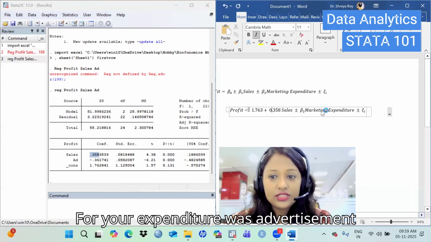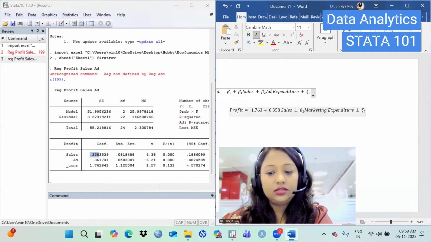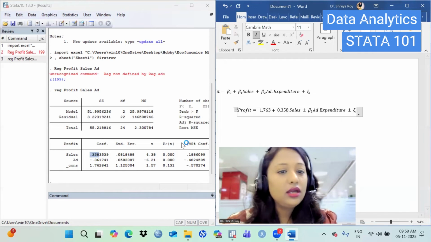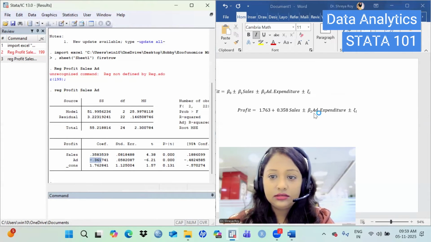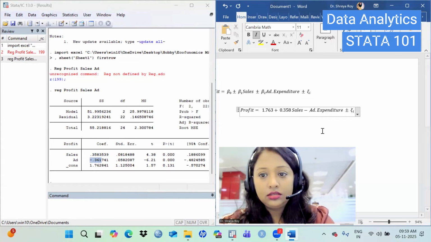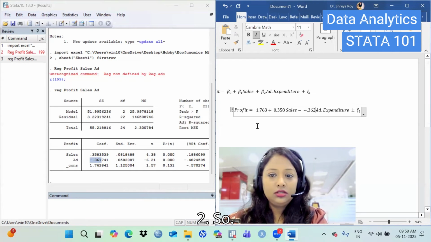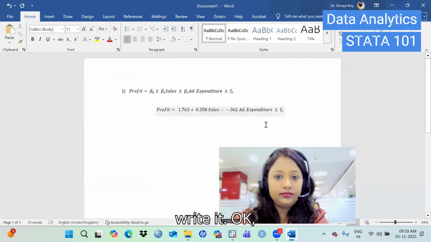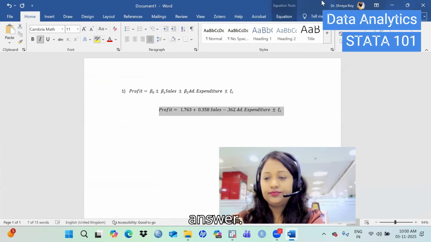For advertisement expenditure, the associated value is negative, and that is your beta 2. So that is your answer. That is how you write it. This will be your final answer.